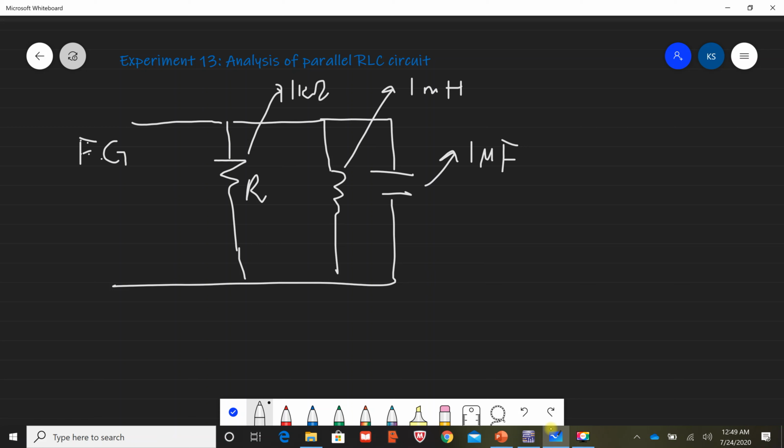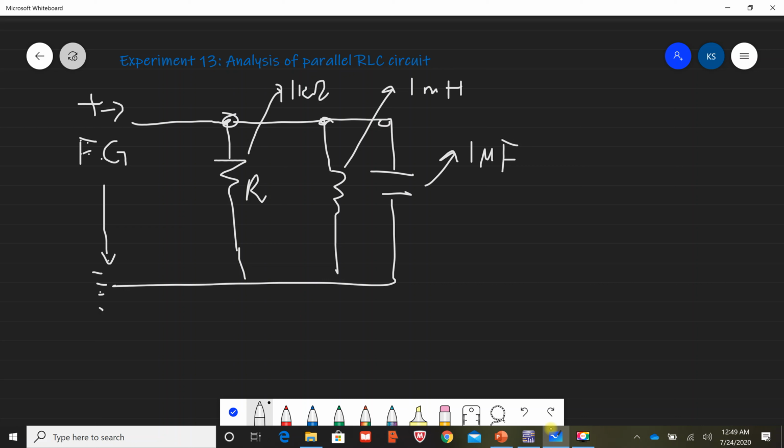The function generator will be connected to the ground, and the positive terminal will be connected to the positive nodes of all of these junctions, right?